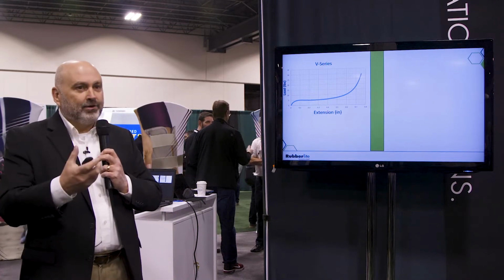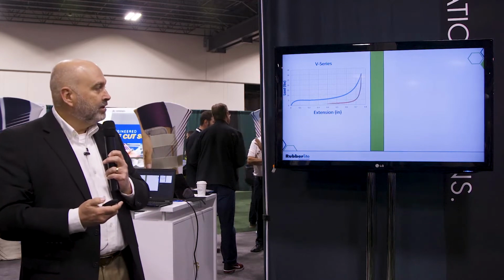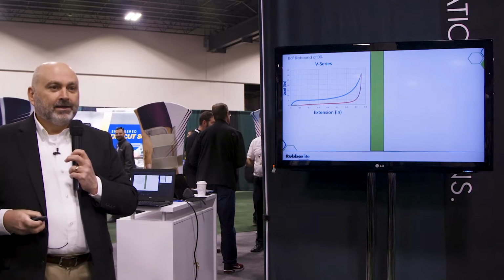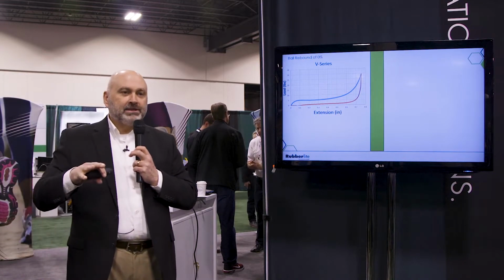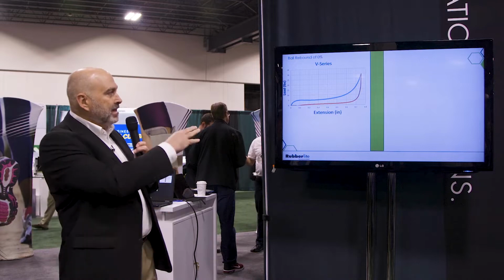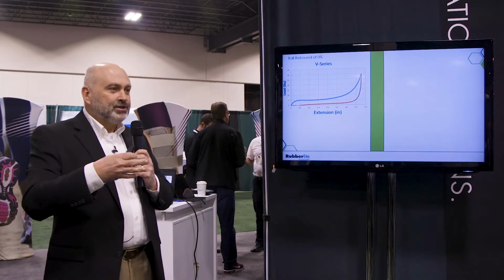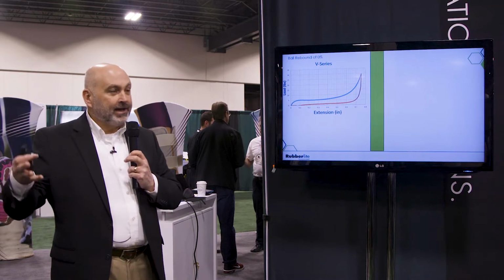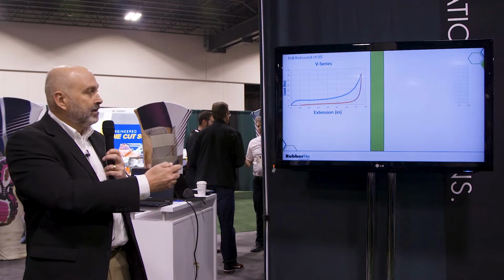But then when you return or unload that material at that same rate, you'll get a curve that looks like this. This is an example of what a viscoelastic high hysteresis loss material gives you. What does that mean? That means it's absorbing energy and converting it to something, and that is heat. So that is one end of the spectrum.